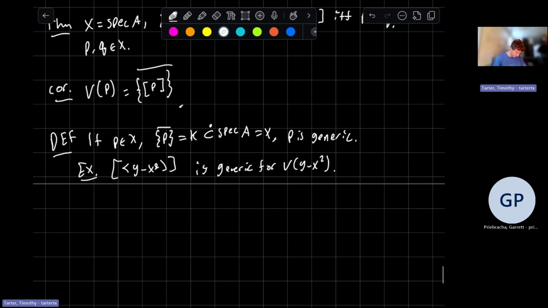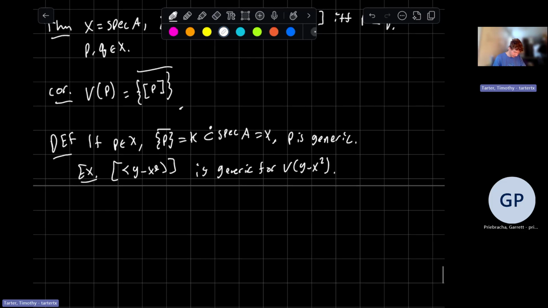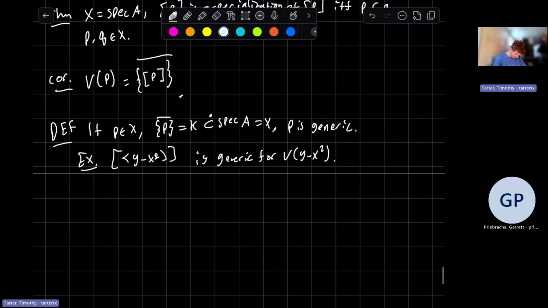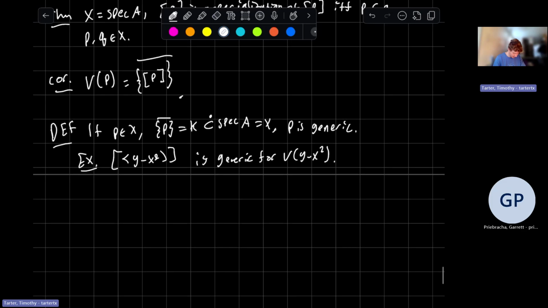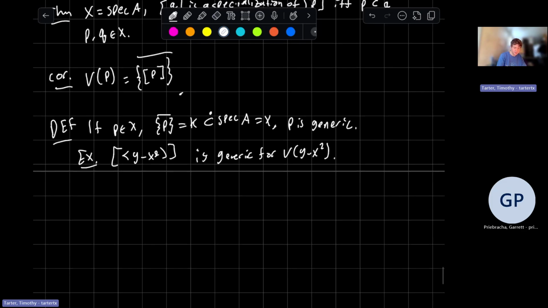If something is generically or mostly true for the points of an irreducible subset, in the sense of being true for a dense open subset, then it's true for the generic point and vice versa. For example, a function has value 0 at the generic point of an irreducible scheme if and only if it has the value 0 at all points.